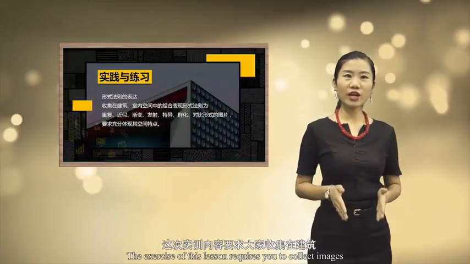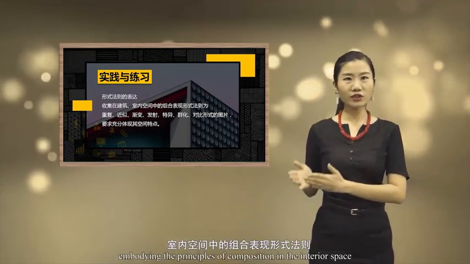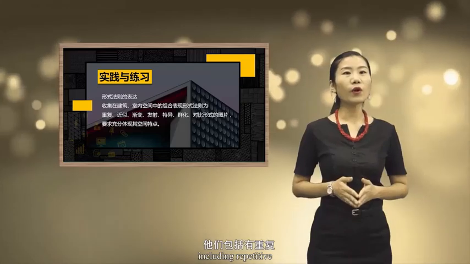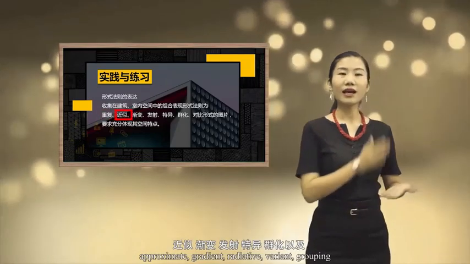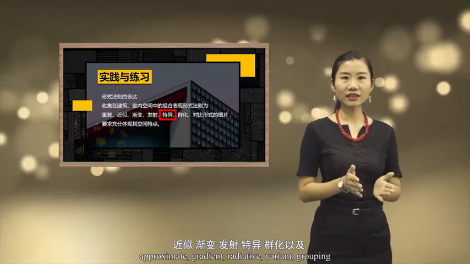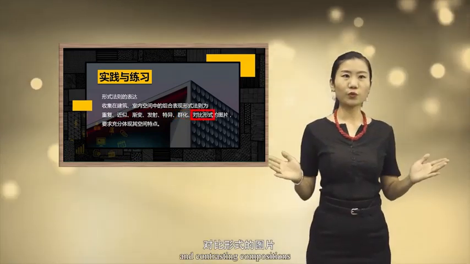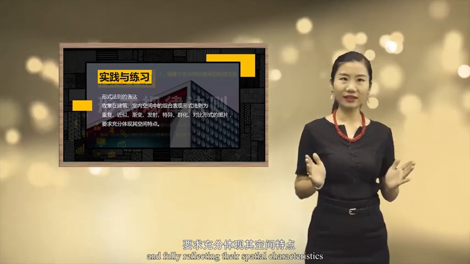The exercise of this lesson requires you to collect images embodying the principles of composition in the interior space, including repetitive, approximate, gradient, radiative, variant, grouping, and contrasting compositions, and fully reflecting their spatial characteristics.